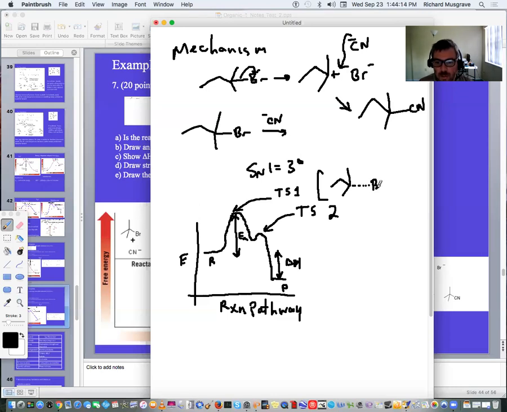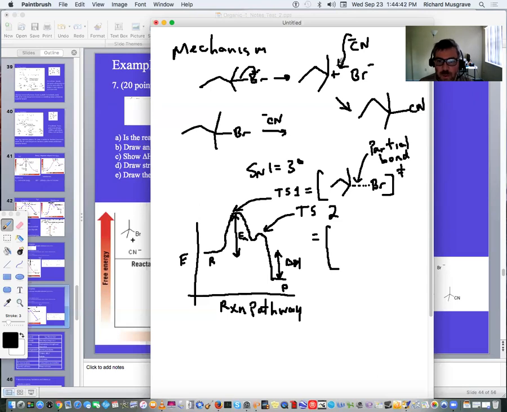So this, again, is a partial bond. That's not a stereochemistry line, it's a partial bond. So that's for TS1. Now TS2, look what's going on.